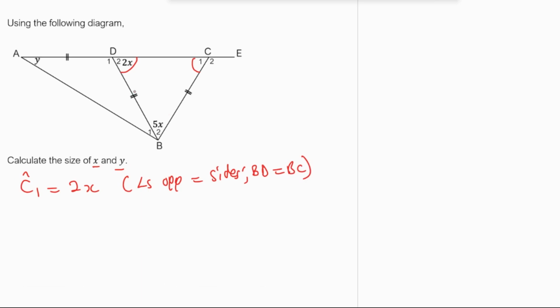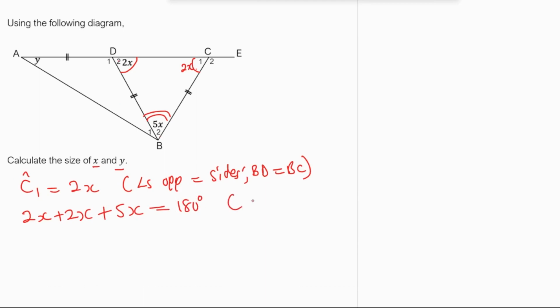And then when you use these three angles, D2, B2, and C1, if we add them, they must give us 180 degrees because these are interior angles of a triangle. And then we can say, since this is 2x, 2x plus 2x plus 5x is equal to 180 degrees.